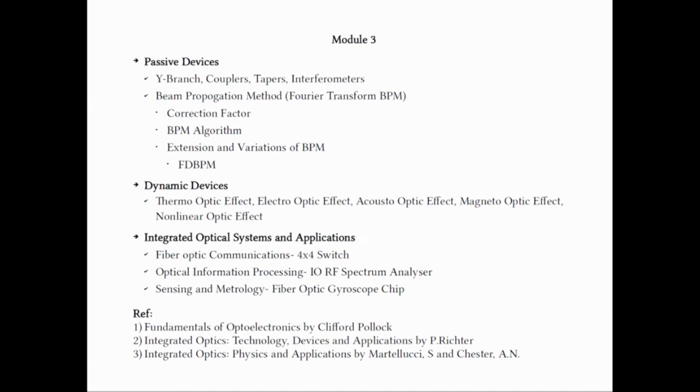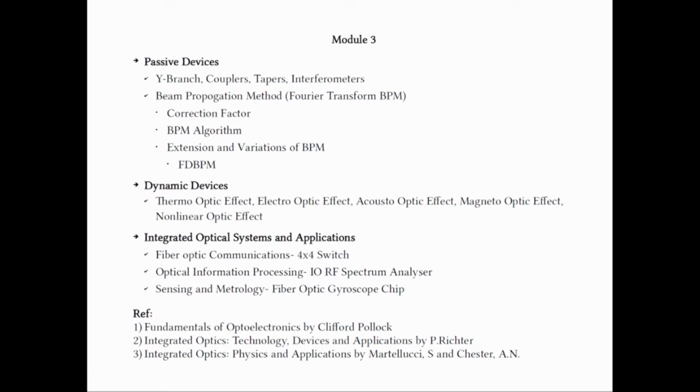In particular, we have mentioned that we can divide the device along the propagation direction into several small segments, and in each segment we can find out the local normal mode and then study the ray propagation in each of these segments. So, this leads to what is called the beam propagation method, where we have two major steps.